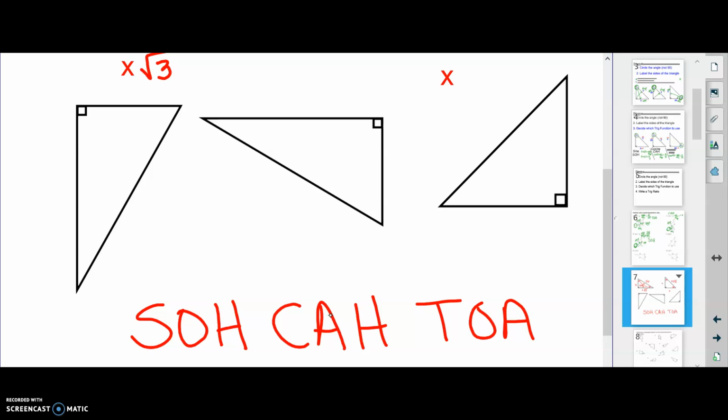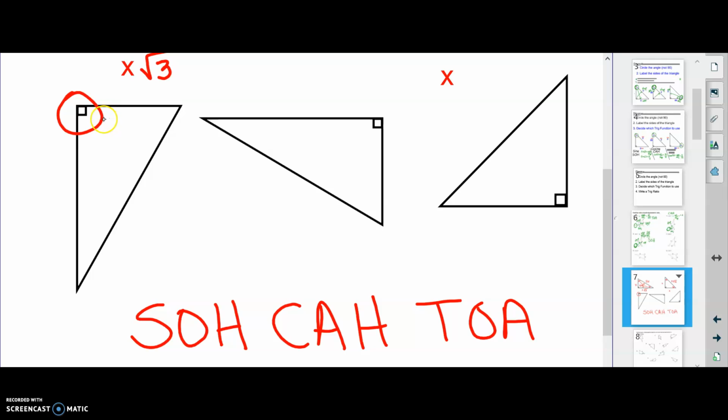I did give you a list of all the steps. Step 1 is always to circle the angle. By circling the angle, it tells you where you are looking from. On these 3 triangles, I don't have an angle, right? I do have the 90, but if I circle the 90, am I going to be able to tell which leg is the opposite and which one's the adjacent?